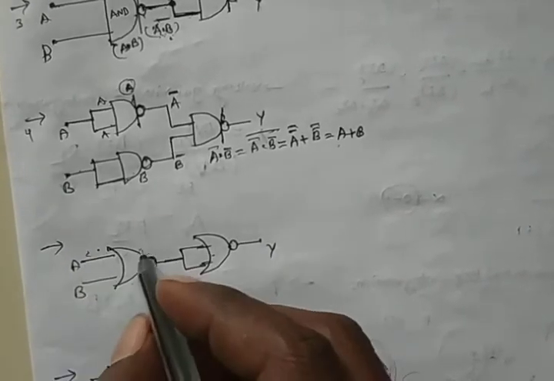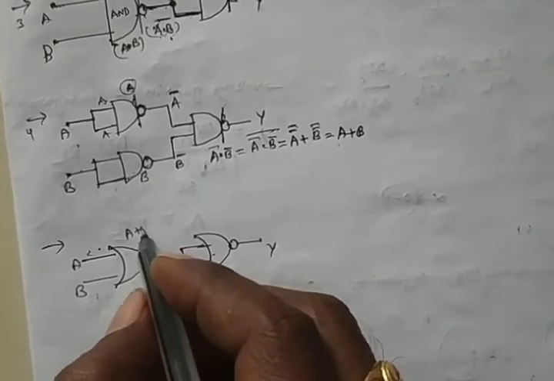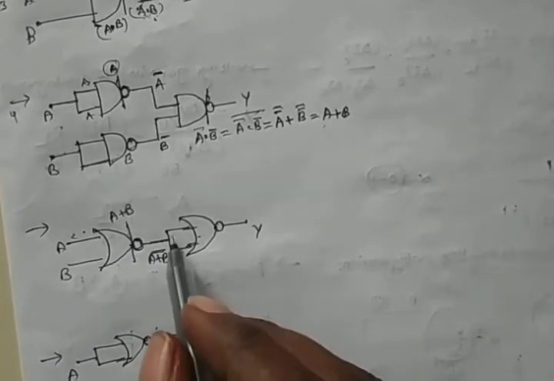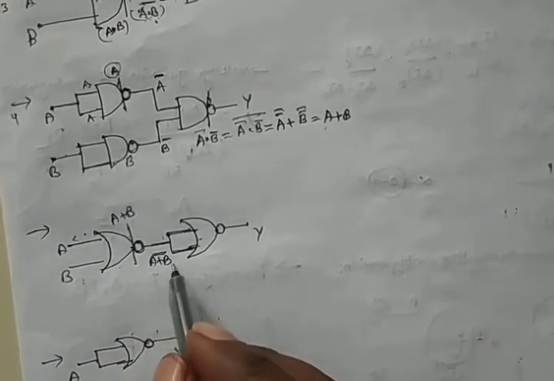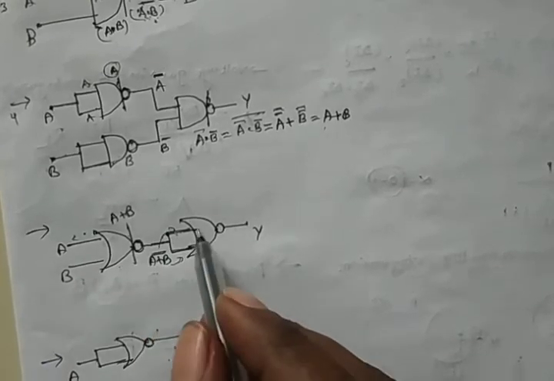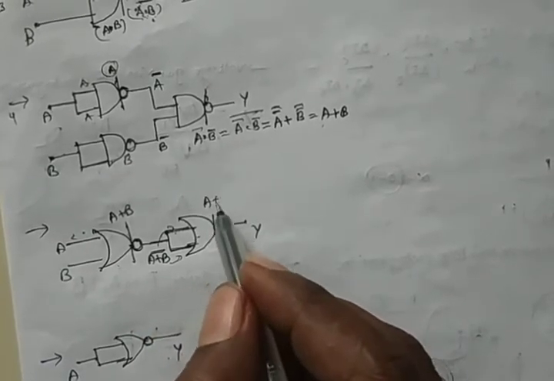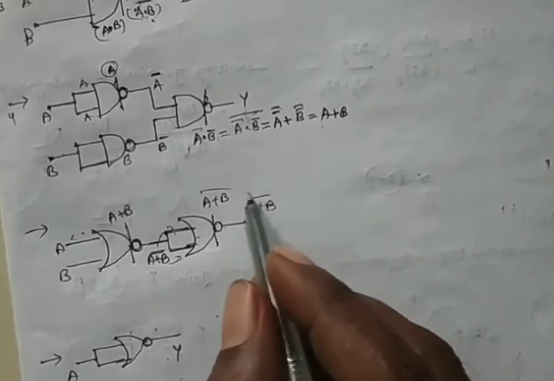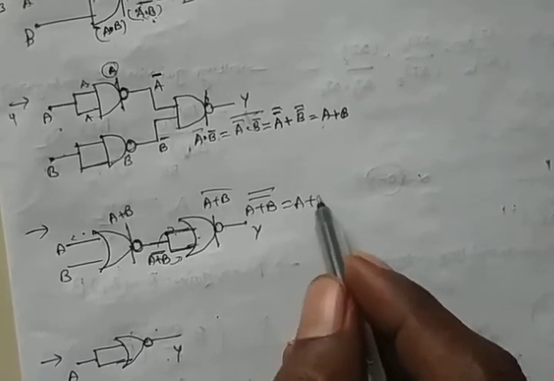That means up to this (A plus B) whole bar. Then this is the same input. This input and this input are the same. Then you can write like this: (A plus B) whole bar.